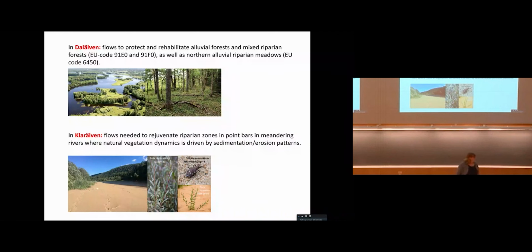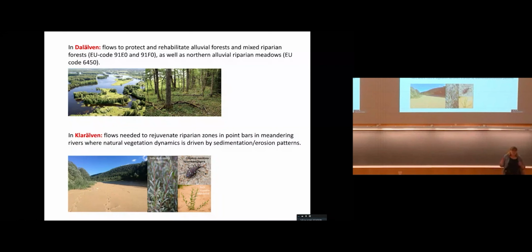So we mainly work with habitats in the Habitat Directive, and we do this in River Dalälven and in River Klarälven. In Dalälven, we work with alluvial forest and mixed riparian forest, and also northern alluvial riparian meadows.